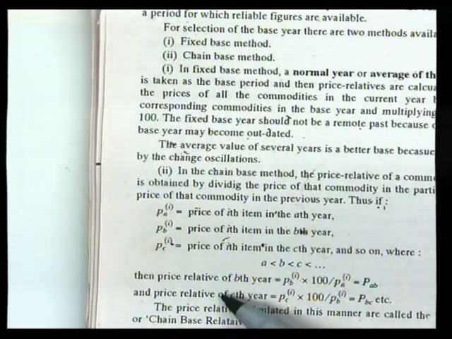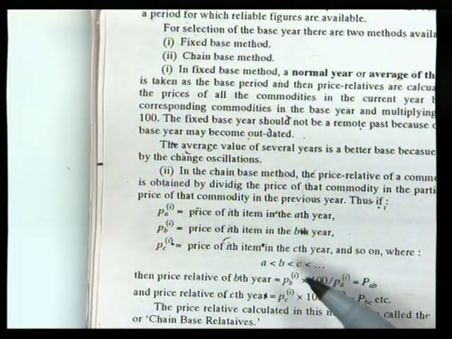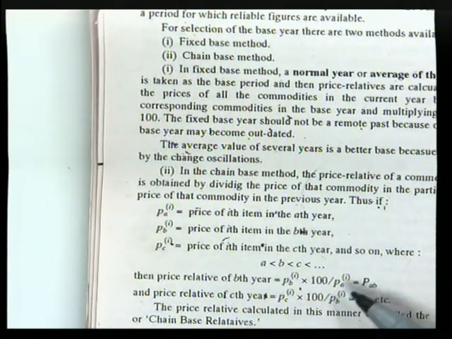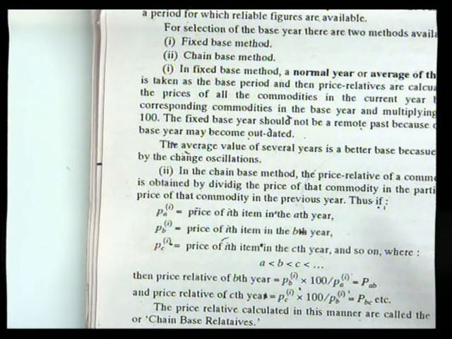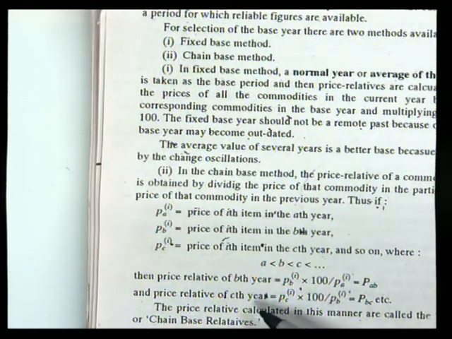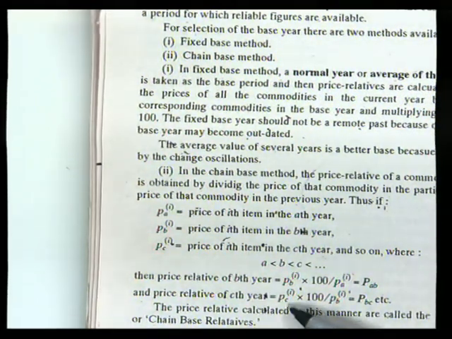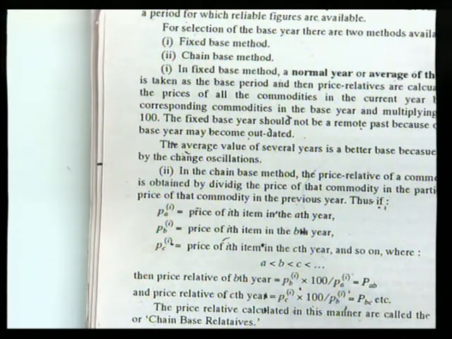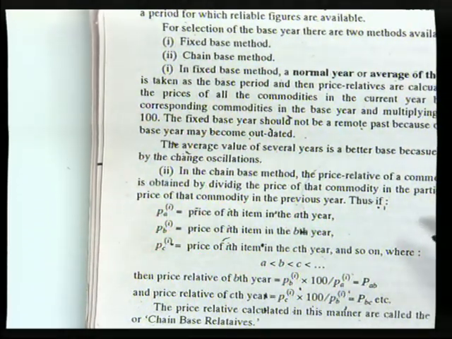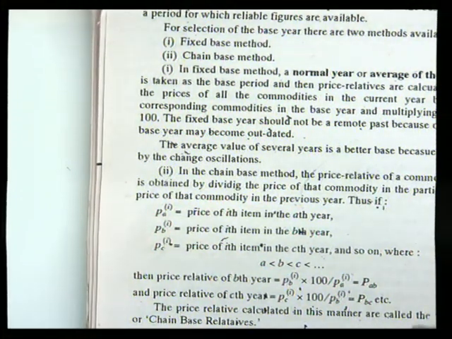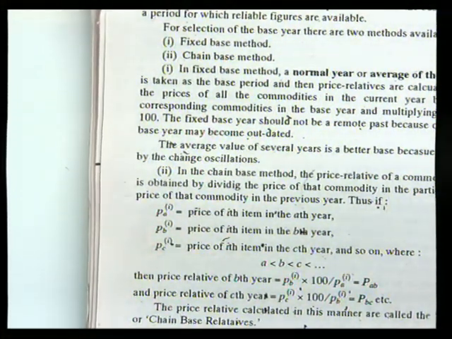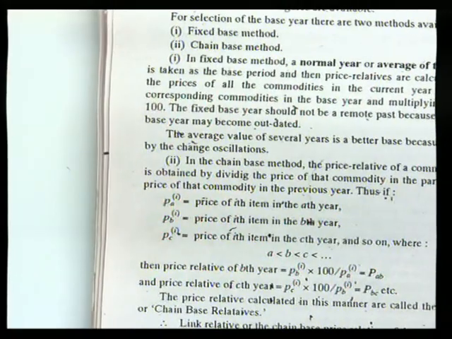Then price relative of bth year is equal to PBI upon PAI into 100, that is known as PAB. Similarly, price relative of the cth year is equal to PCI upon PBI into 100, that is PBC, etc. So the price relatives calculated in this manner are called the link relatives or chain base relatives.